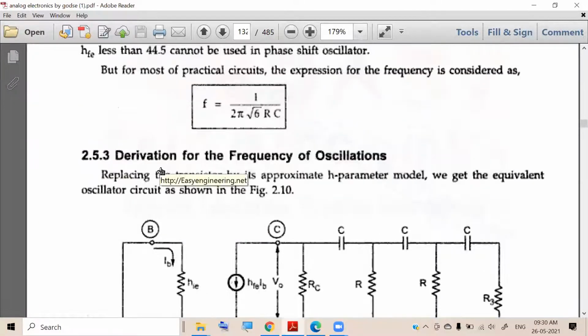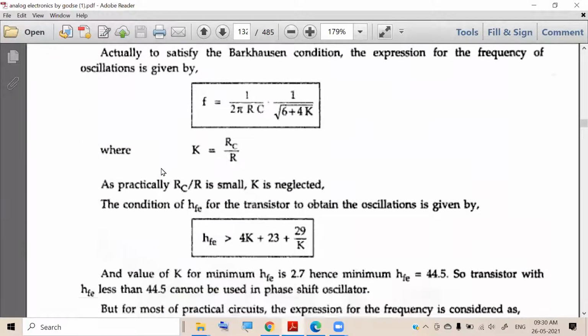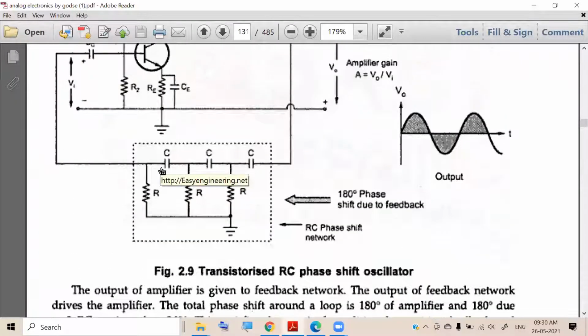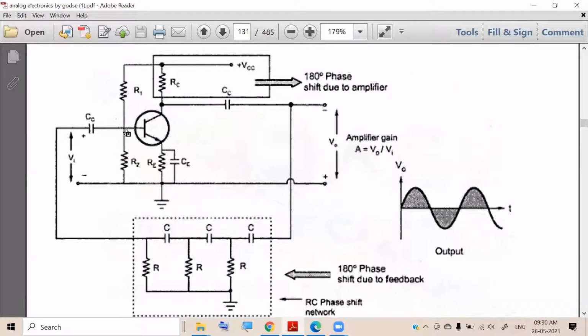Observe in the circuit, R1, R2 will appear here. Here is the base. For the AC equivalent, even this capacitor we can consider as a short circuit. So we have R2 from base to emitter, and R1 from base to emitter.